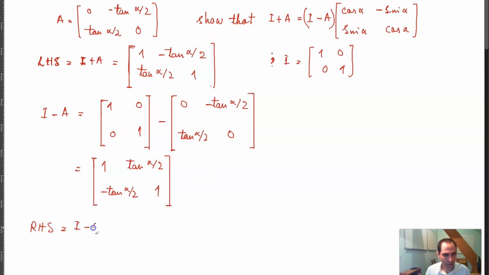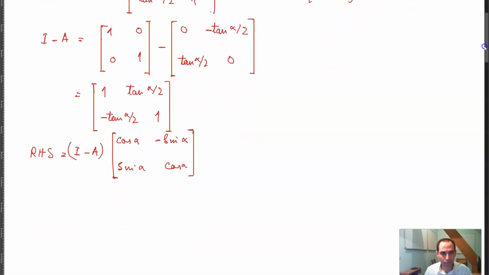Now, since I want to calculate the RHS, I write RHS is equal to basically I minus a times this matrix cos alpha, negative sine alpha, and cos alpha. This matrix over here is I minus a, so I write it as basically 1, tan of alpha by 2, negative tan of alpha by 2, and 1.